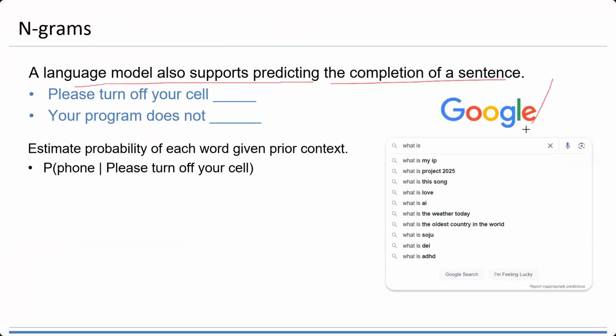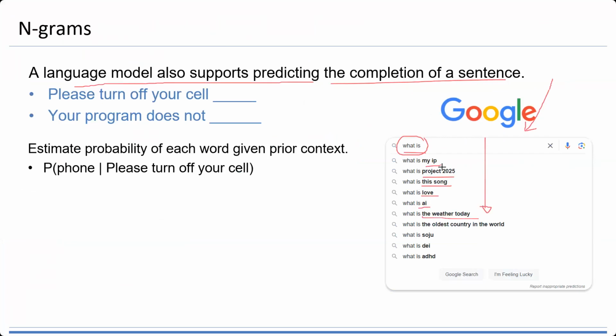If you go to a search engine like Google or Naver, and look at the search text box, let's say you write what is, there will be some options given by Google. What is my IP? What is project 2025? What is this song? What is love? What is AI? What is weather today? And so on.